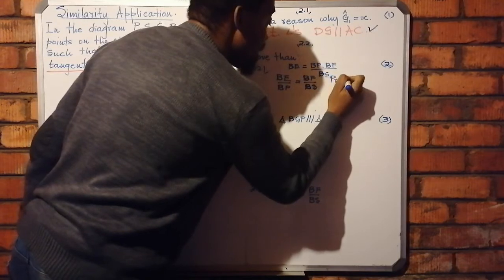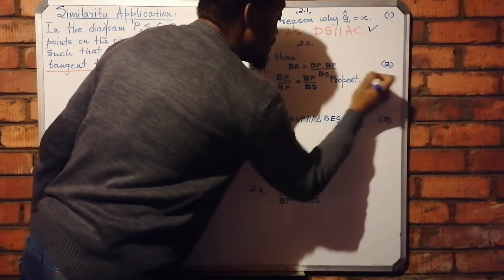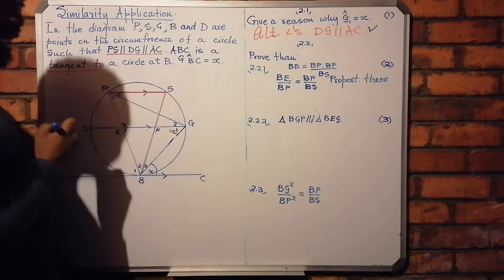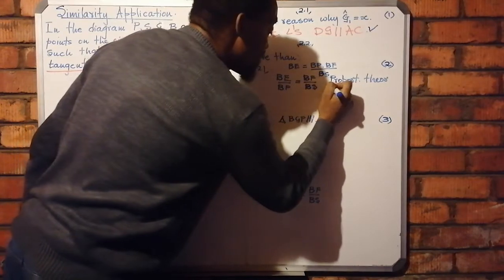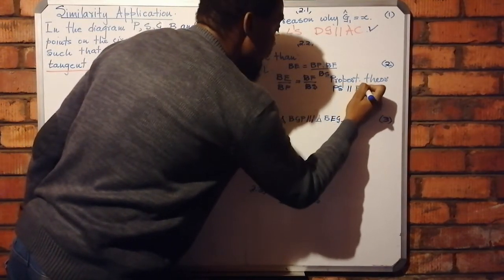Reason is proportionality theorem, because PS is parallel to EF.